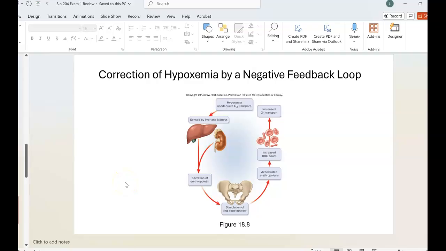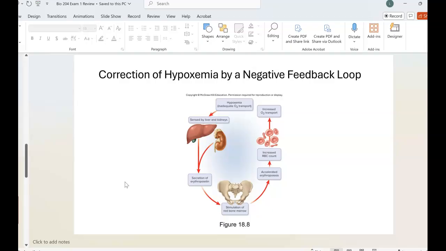So we looked at some different scenarios of when our body would make red blood cells. If we had inadequate oxygen, what we call hypoxemia or hypoxia, and our blood oxygen gets low, it's sensed by the liver and kidneys, and they're thinking, okay, we've got to make more red blood cells to carry that oxygen.